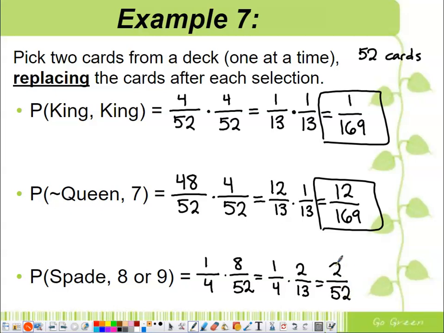But I see that this can simplify as well, so that is 1 over 26. I actually see right here, so we have that 4 and that 8. Those could cancel out, so this is a 1 and this is a 2, right? So then if I multiply straight across, that should give me my answer.